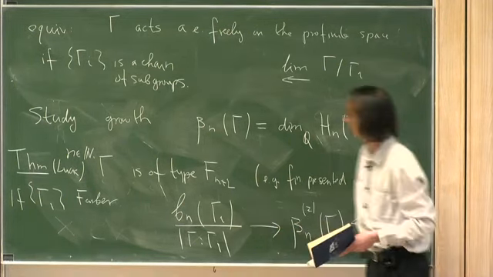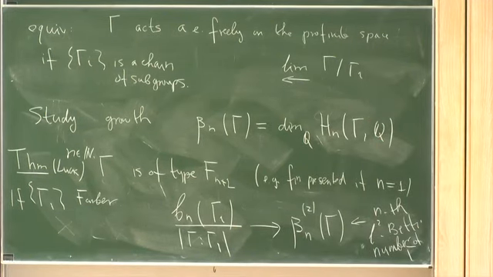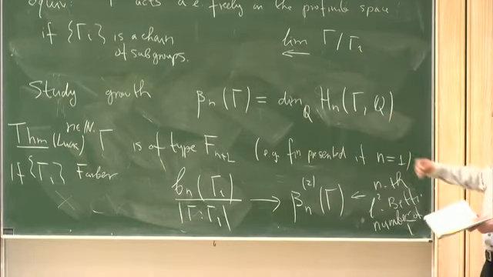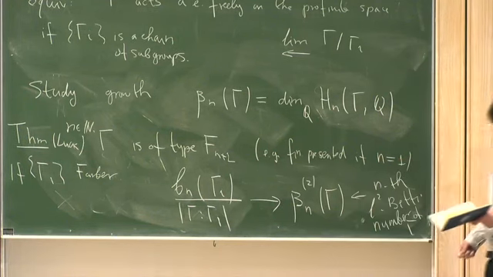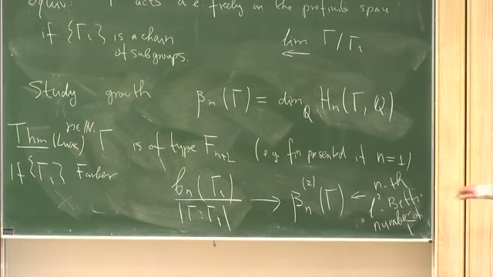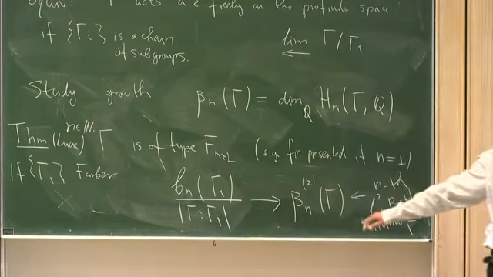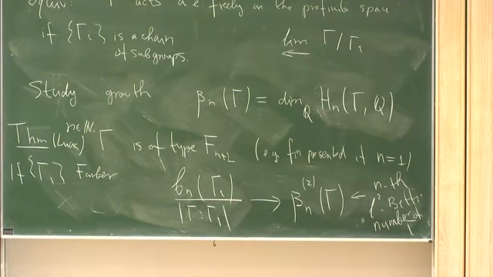So the normalized Betti numbers converge, and moreover they converge to something that does not depend on the choice of the sequence, it just depends on the group. I don't have time to define these L2 Betti numbers here, but you can take this as a definition in this case.